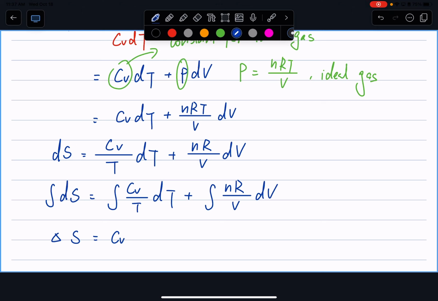The integral of 1 over T dT gives you ln. We can take it out for perfect gases. On the right-hand side, we have nR times the integral of 1 over V dV. You take the integral and you have the ln V2 over V1 for a perfect gas.